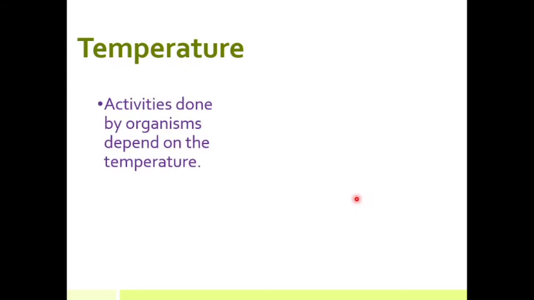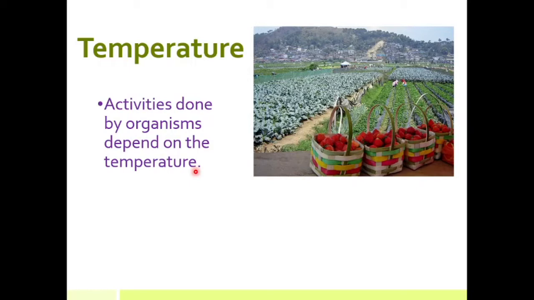Next, let us talk about temperature. Temperature is also a climatic factor that influences the activities done by organisms, and some are highly dependent on temperature, such as in the picture shown on your screen.